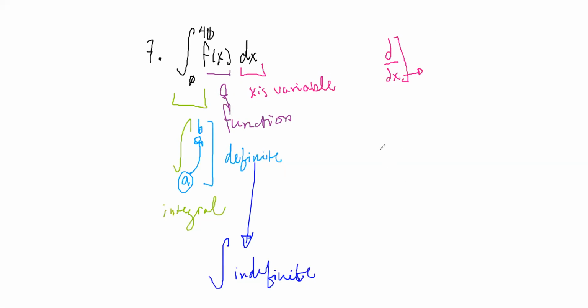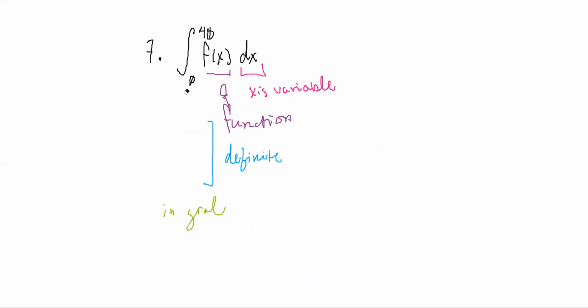If, for instance, you had a function with respect to z, and you were asked to find d dx, you wouldn't be able to do it because there were no x's as the variable. So this is just specifying that x is the variable in this instance. So that's kind of the breakdown of what's going on in an integral. And, oops. Okay, so it's really not that scary once you get used to it.